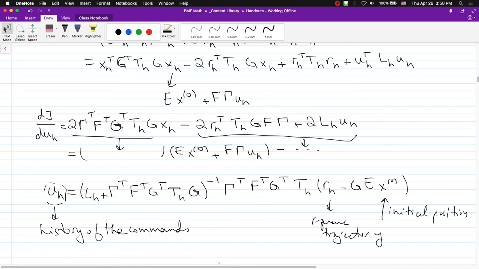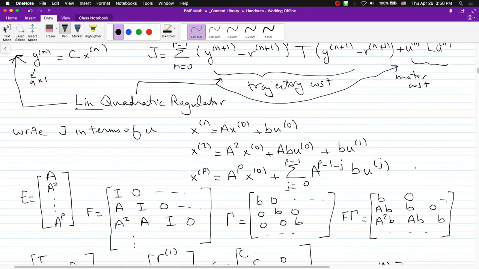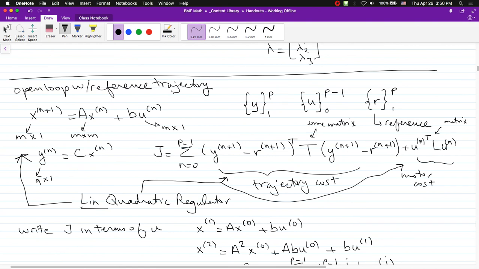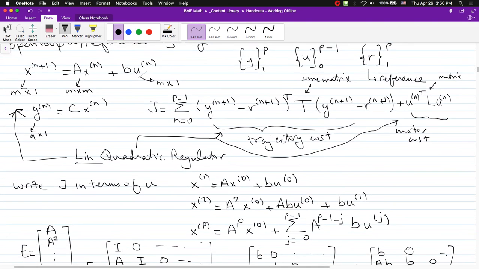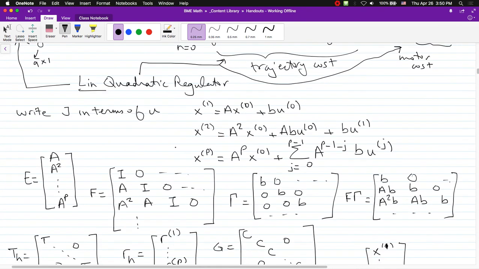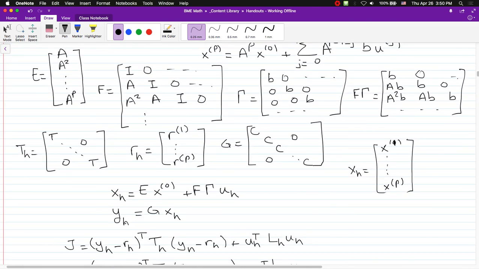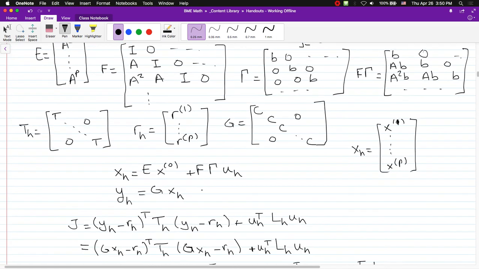Okay, so that's another example of open loop control. You start with the dynamics of a system that has input u and changes output y. You have a cost that says match a reference trajectory. Then what you do is you write the history of your output in terms of your input.